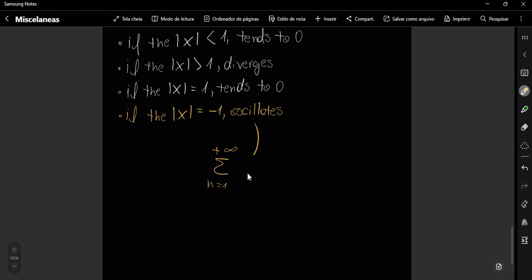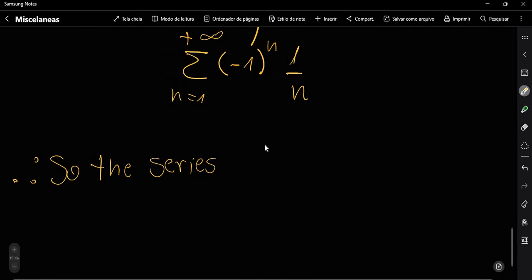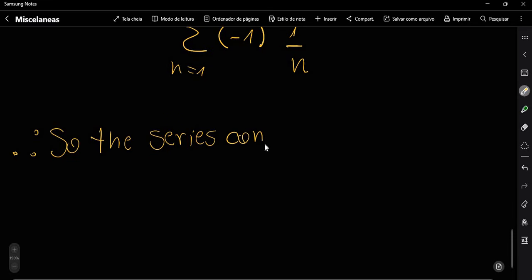So the series, we can write this way. So the series converges for all x belonging to the open interval between minus 1 and 1.